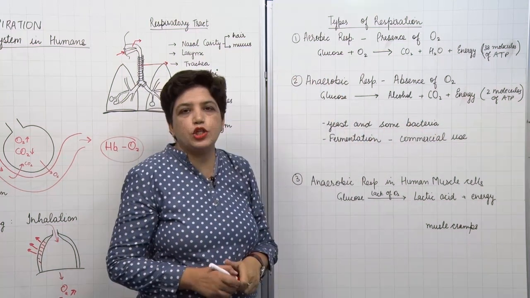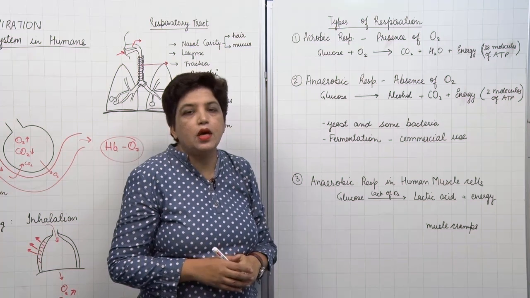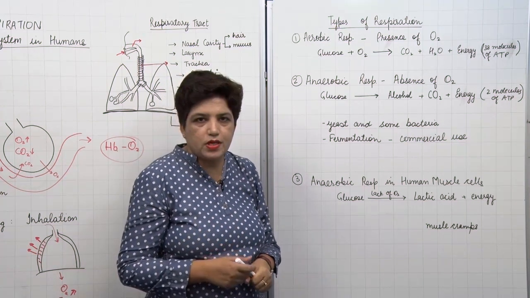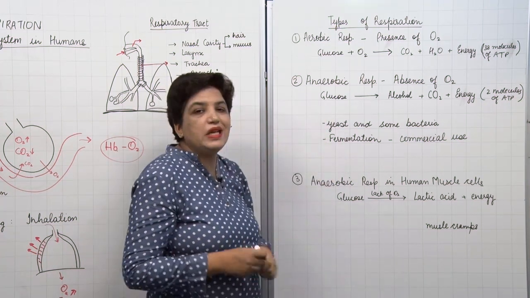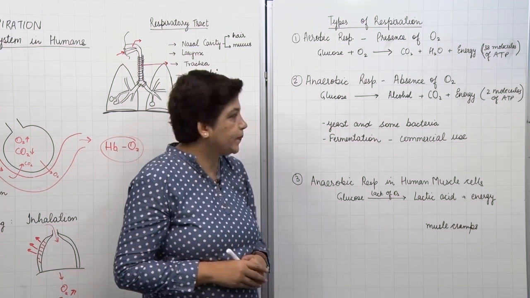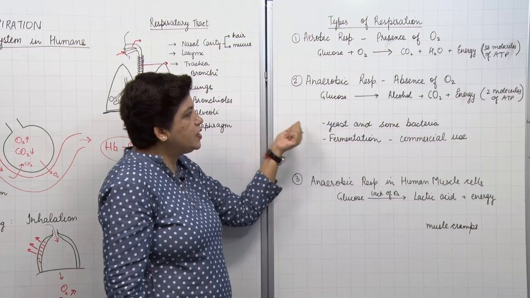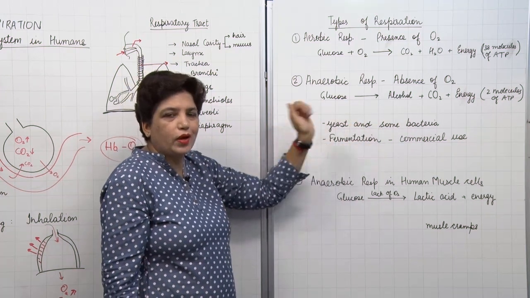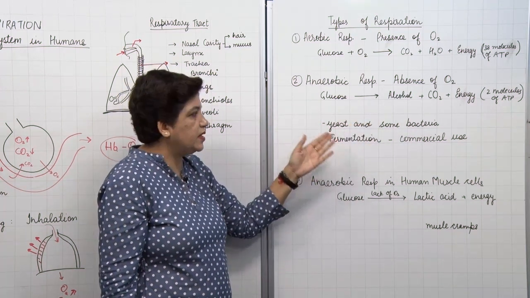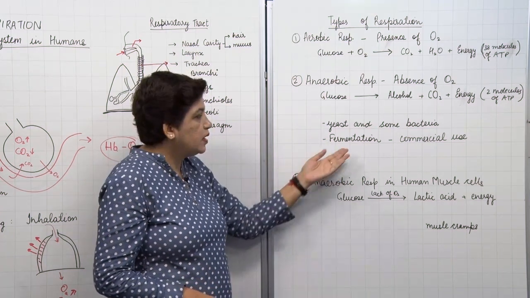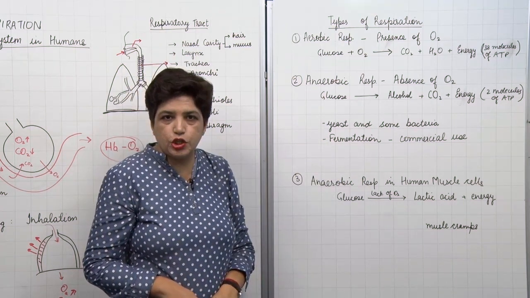Aerobic respiration occurs in all multicellular complex organisms like humans. Anaerobic occurs only in yeast and some bacteria. Now, this process of breakdown of glucose into alcohol, organic acids and other materials by microorganisms is known as fermentation.